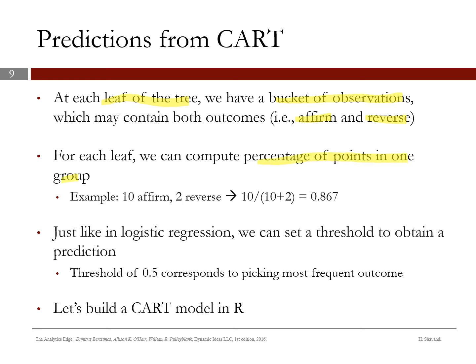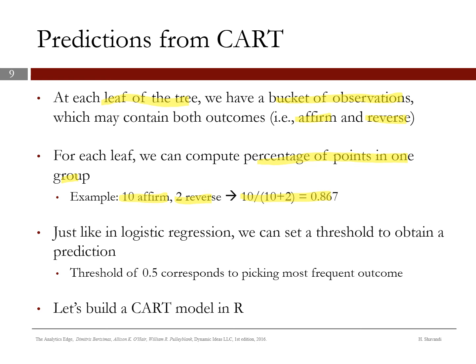If we have the category called outcome 0, 1, and in our example, affirm, reverse, let's assume that we have 12 observations in one bucket, and for 10 of 12 the outcome is affirm, and for 2 we have reverse. So 10 over 12, the probability of having affirm in this bucket is 0.867.